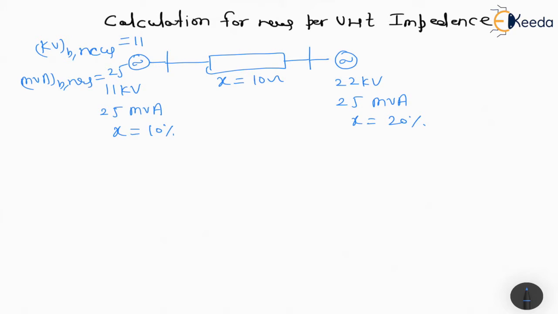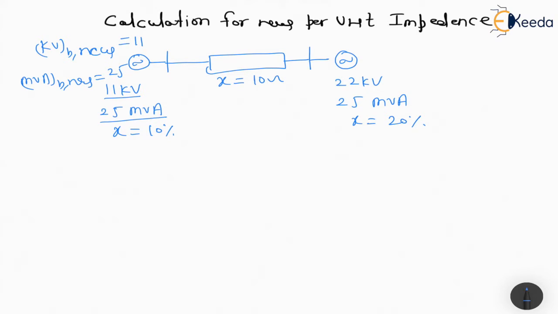So we have to find the per unit reactance diagram considering 11 kV base voltage and 25 MVA base power for the whole circuit. So what will we do?